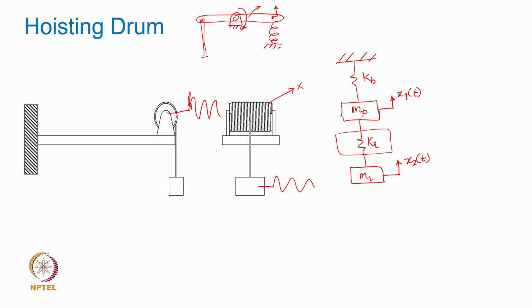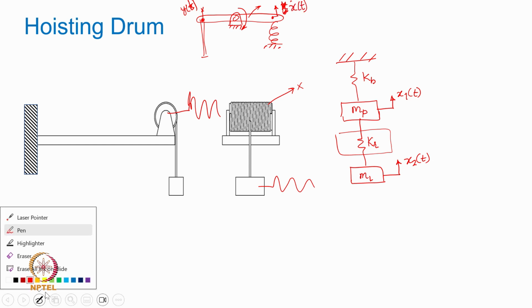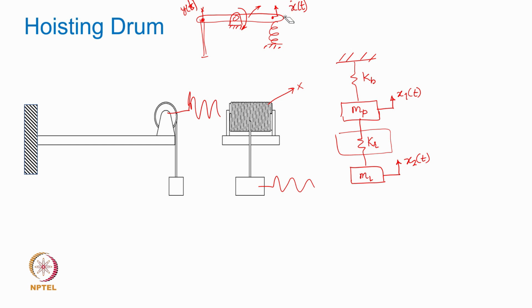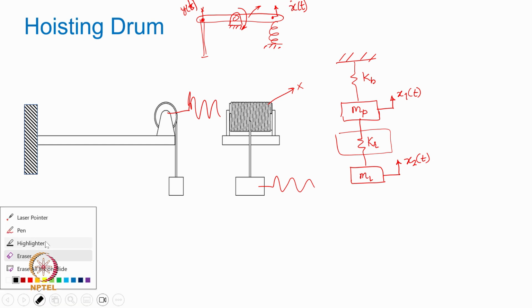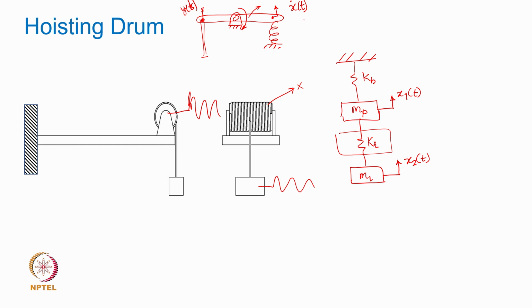To find the strain energy stored, we wrote x of t and y of t, both in terms of theta, in terms of these lengths L1 and L2.